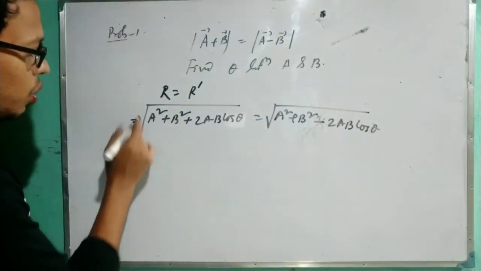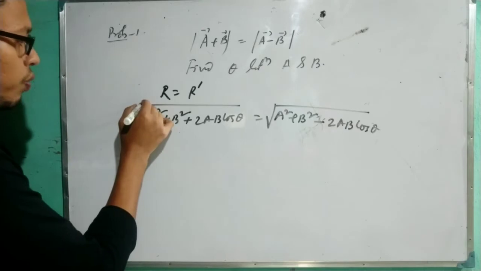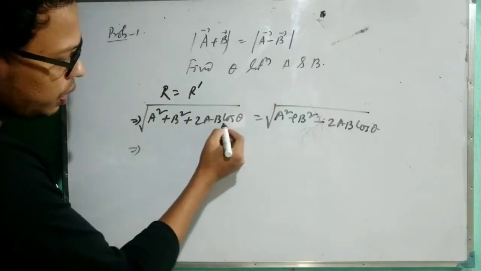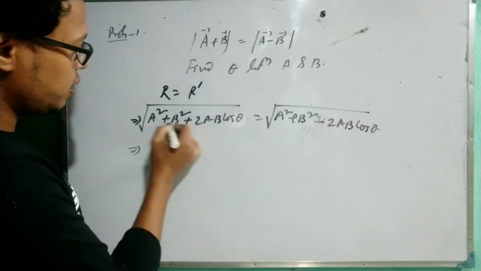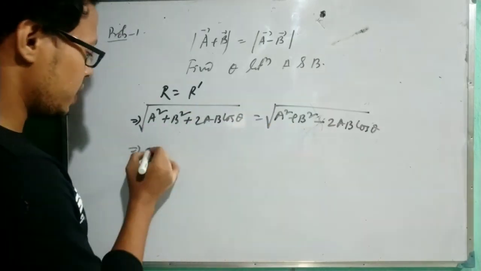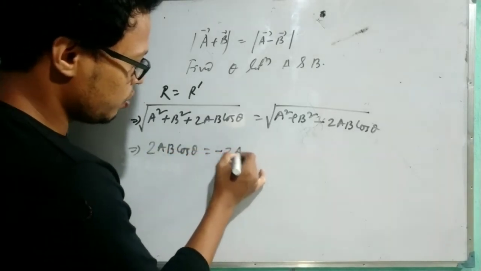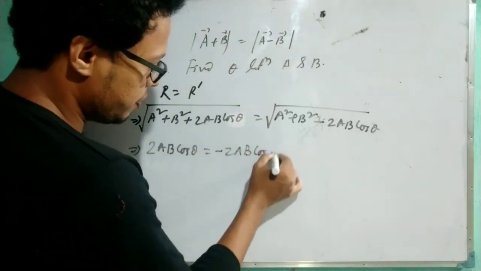Now see, if we square both sides, the root cancels. So A square B square and A square B square will cancel. So twice AB cos theta equals minus twice AB cos theta.